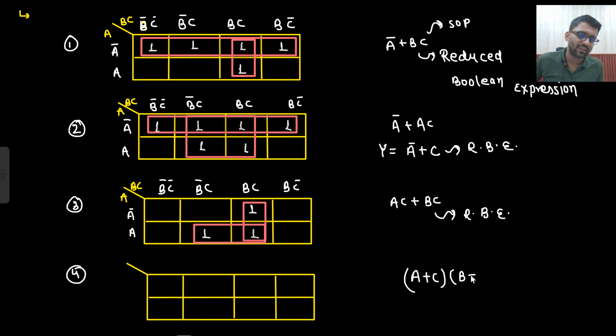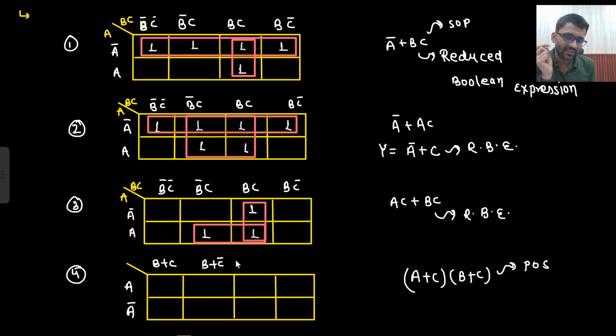into B plus C. So this is given in terms of product of sum. This is what? Product of sum. So what I will write here? A bar, B plus C bar, B bar plus C bar, B bar plus C, right? A plus C. So A you can see here and C you can see here. So what are the common part?